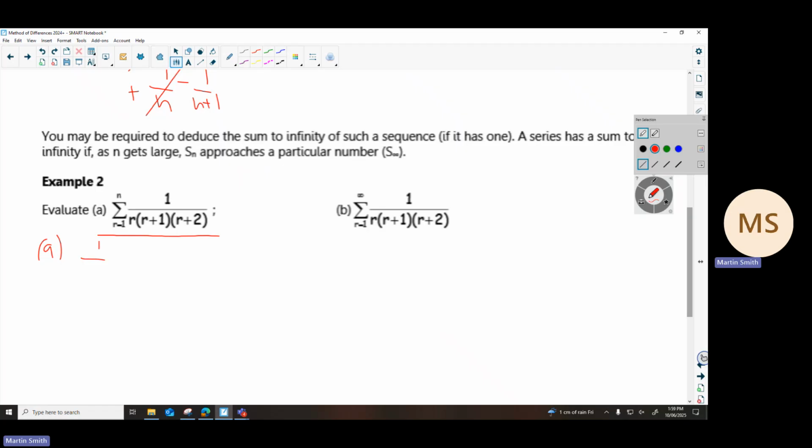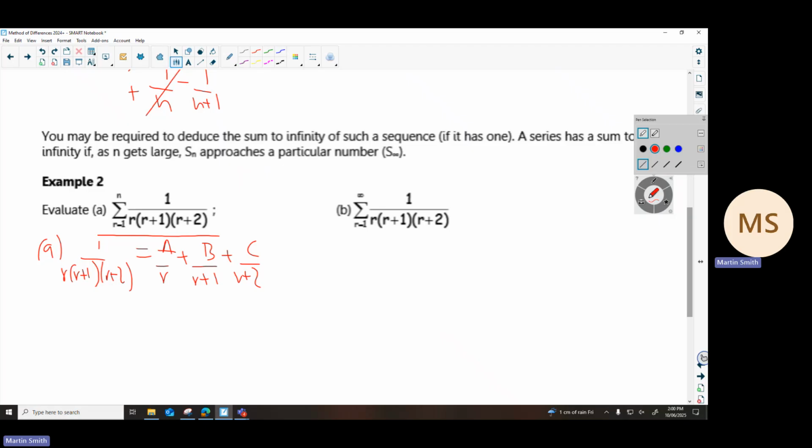So here I'm going to write 1 over r times r plus 1 times r plus 2 as a over r plus b over r plus 1 plus c over r plus 2. Because the bottom has those three factors.